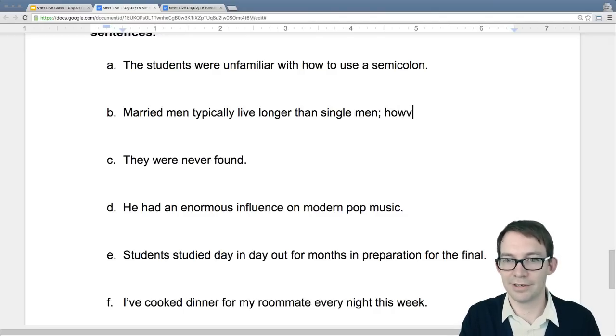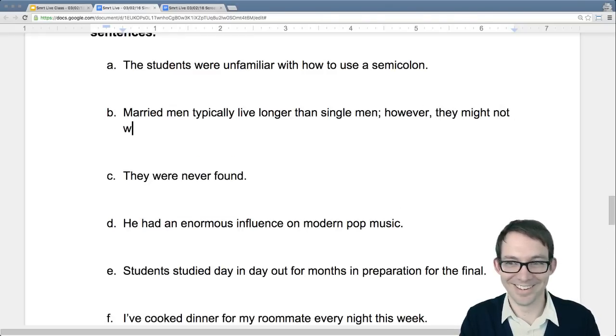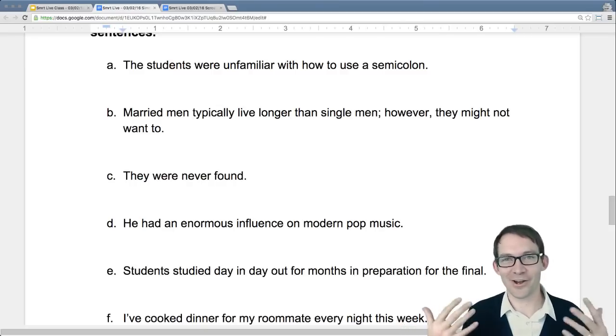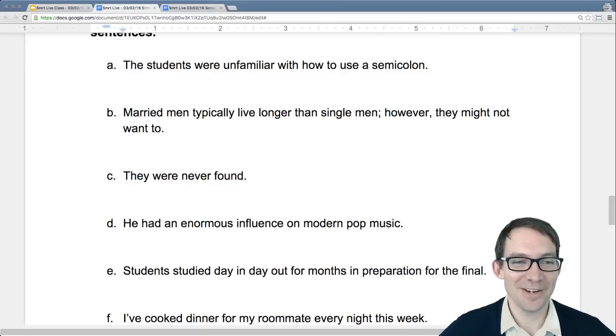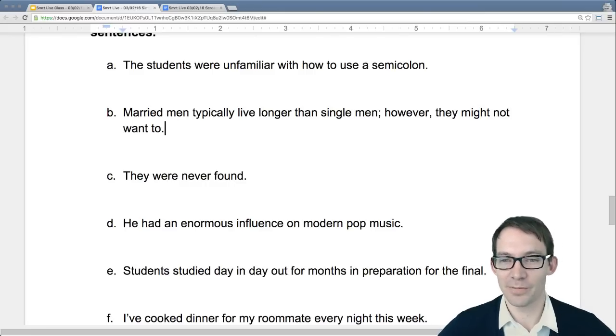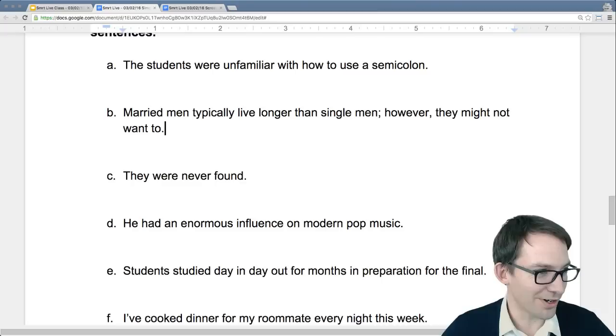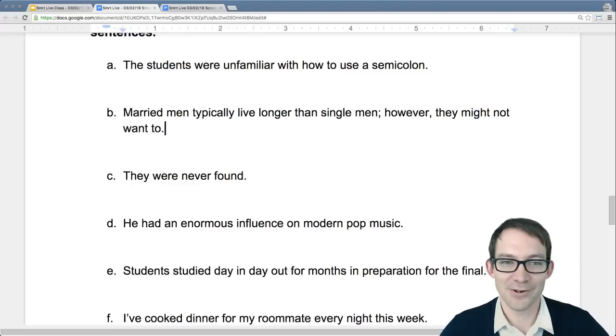However, they might not want to. Okay, so now you've got a complete sentence, a compound sentence, two independent clauses together to make a compound sentence. So use your imagination and think of good independent clauses to expand on these ideas.